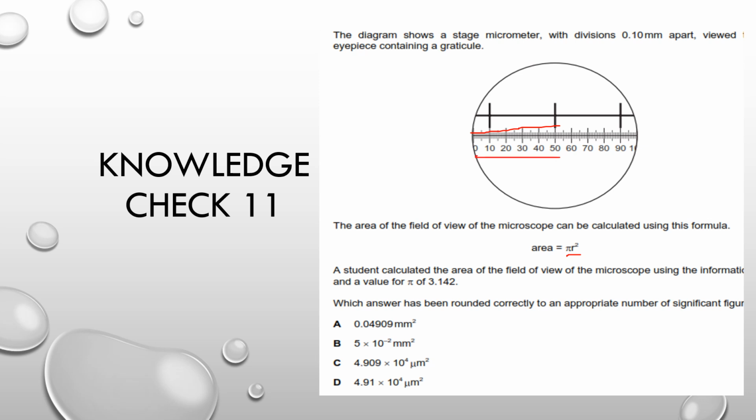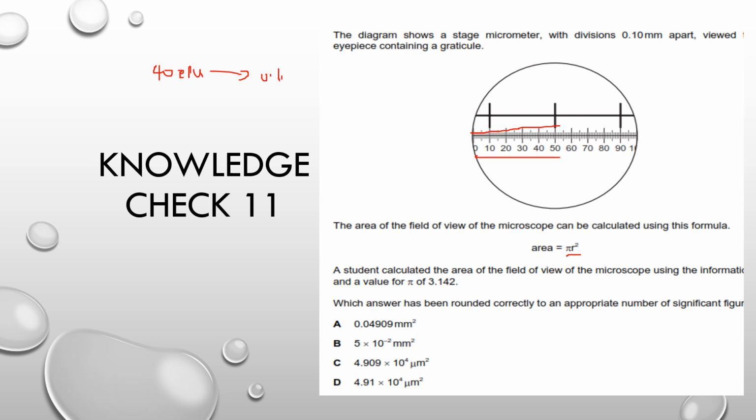Remember, we settled here, based on overlap, that 1 stage micrometer division equals 40 eyepiece units, just like we did the other one. That is equal to 0.1 millimeters.